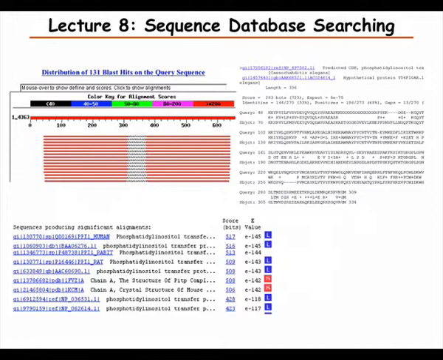But Stuart is going to tell you more in detail about how you should interpret the results, what the expectation value means in this case, and how to look at the sequence alignments.